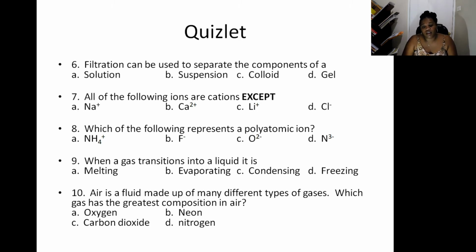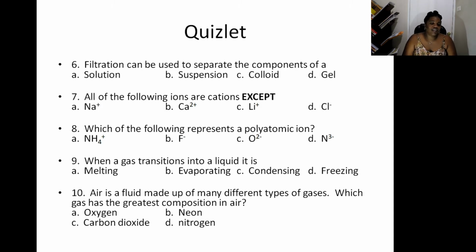If you don't remember what a cation is, look for the most different answer, because all must be the same except one, right? And so you have sodium plus, calcium 2 plus, lithium plus, and you have chlorine minus. So pick the one that is not a cation. You done? Good.